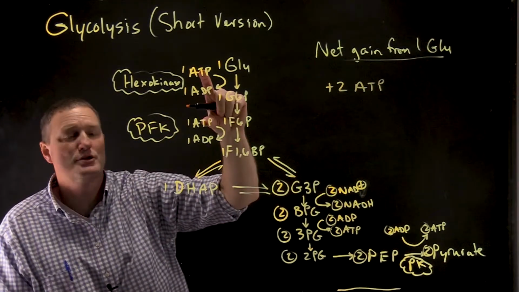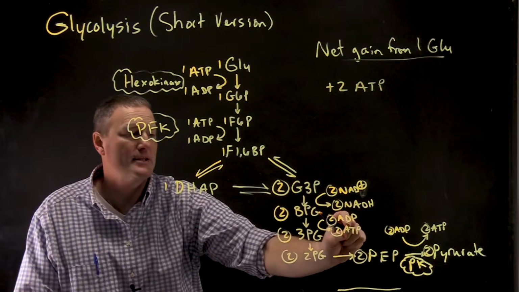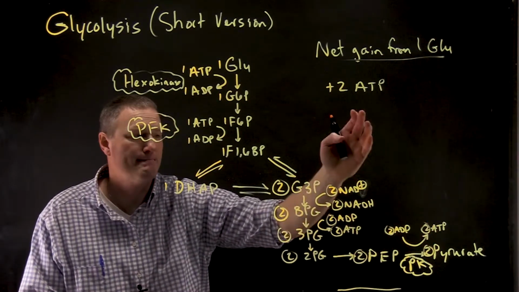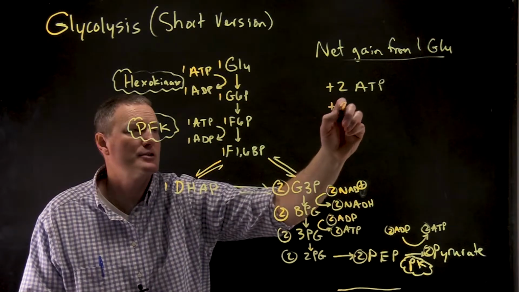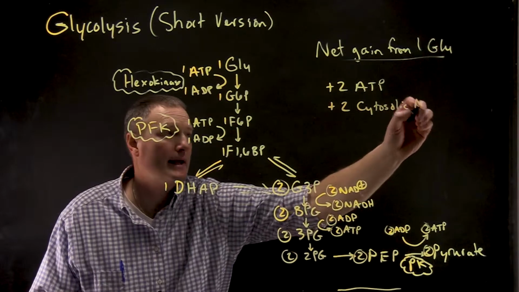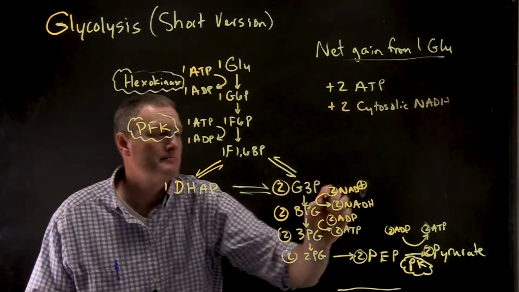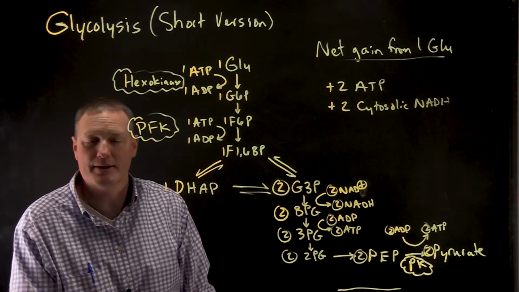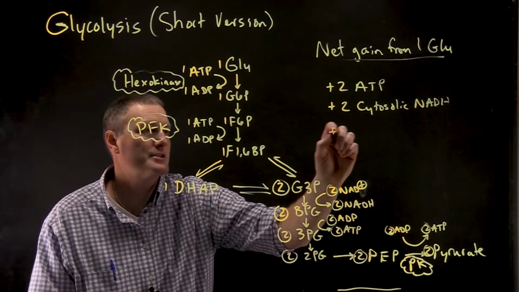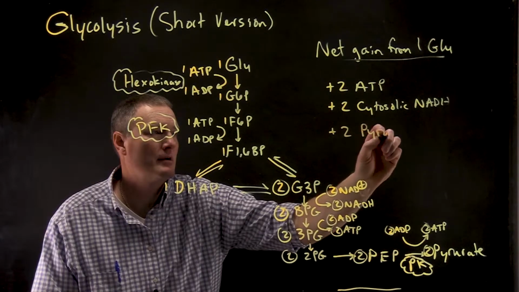So notice we lose 2 here. We gain 2 ATP here, so now we're neutral, and then finally we gain plus 2 ATP there. Also, we gain plus 2 cytosolic NADHs. Okay, and that's from this enzyme here, glyceraldehyde 3-phosphate dehydrogenase. And then we also get plus 2 pyruvates.